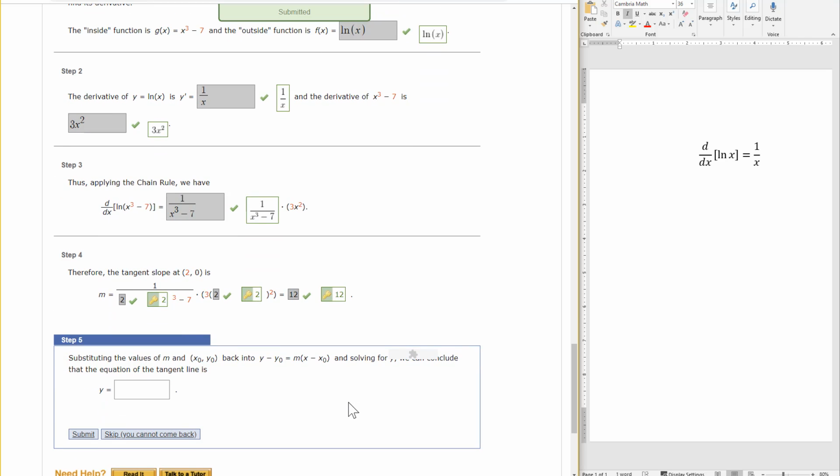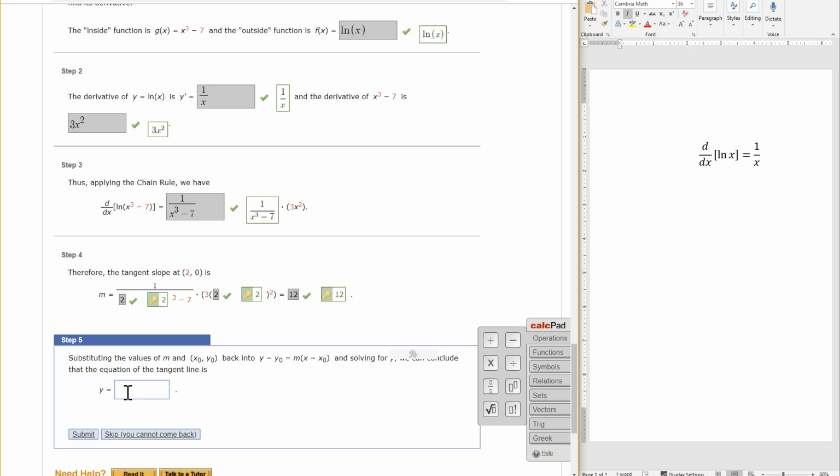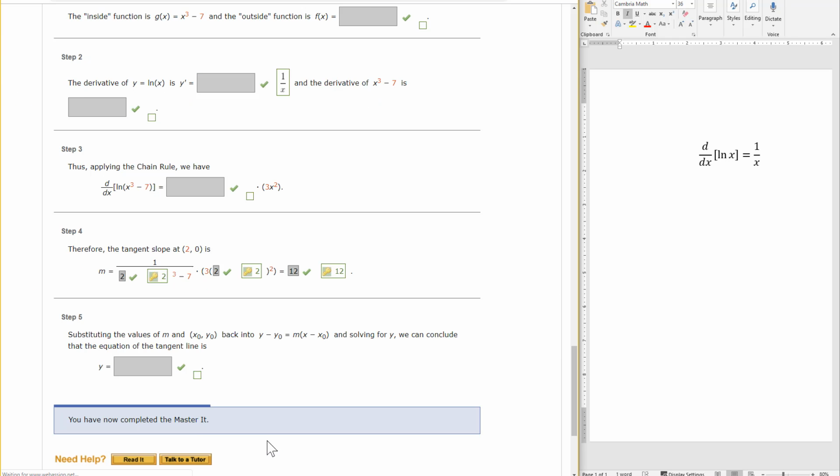So now we have the slope m, and then we have x minus 2, because x naught is equal to 2, and then the minus y naught on the left hand side can go to the right hand side as plus y naught, but y naught is equal to 0, so we can just get rid of that, and then this should be our function.